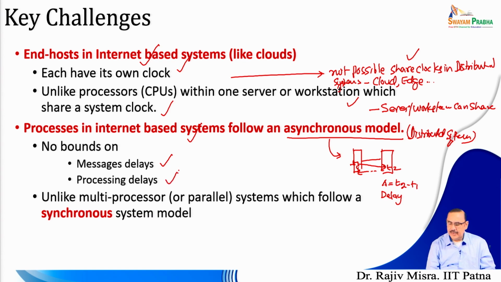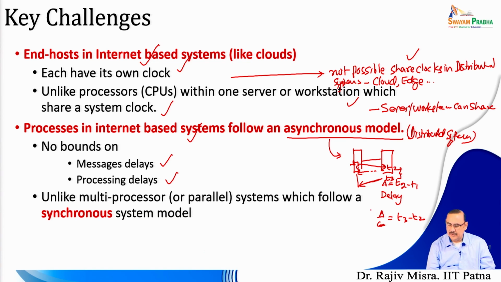The other delay is called the processing delay. Once the message has reached, it will incur some delay. Let us say that after t3 the process completes its execution. That other type of delay, called the computation delay, is nothing but t3 minus t2.